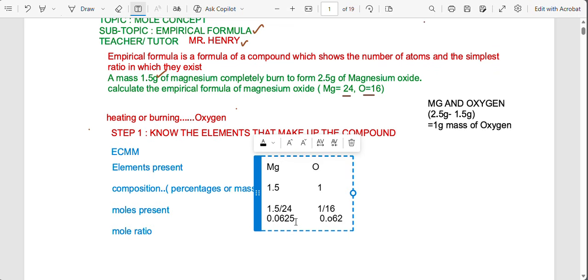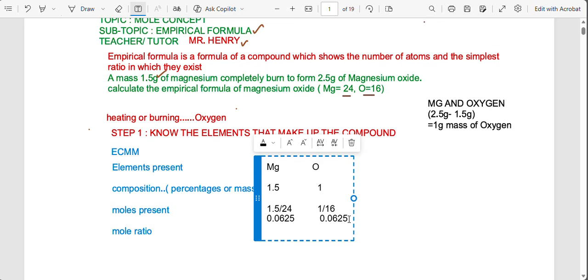Then let's also divide on the side of oxygen. 1 divided by 16 is 0.0625. Note that this is still in the line of moles present. They are still in the same line.